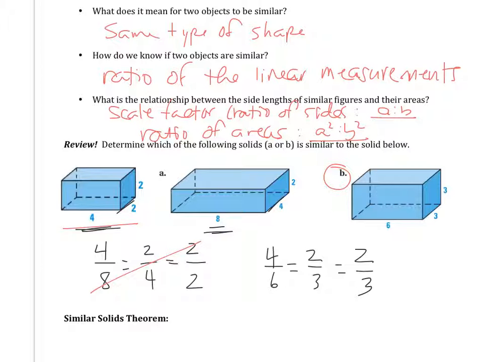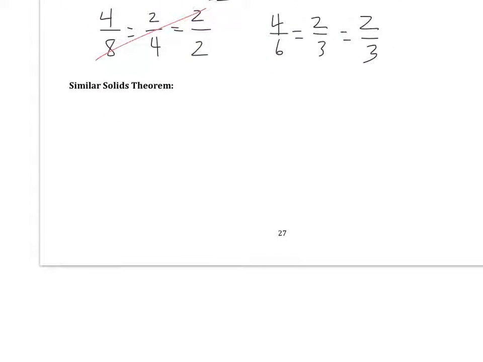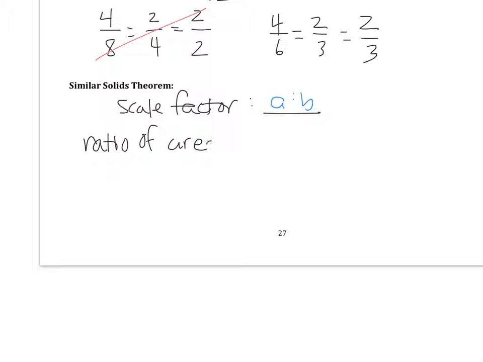All right, so we did a big little chart back in chapter 11. We're going to do it again. We're going to start with scale factor. And remember, the scale factor is the ratio of your sides. If it has a ratio of A to B, then the ratio of areas, and that would include surface areas, is also going to be A squared to B squared, as we just said.